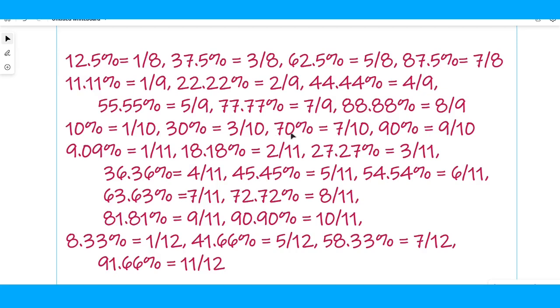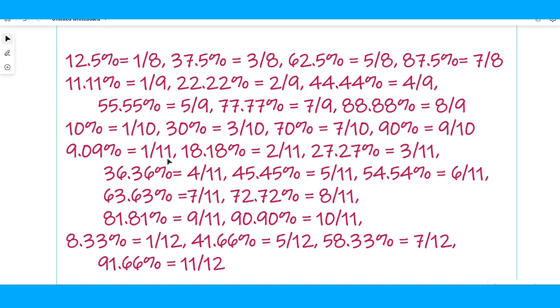Then 60% is 3 upon 5, already calculated. Then 70% is 7 upon 10. Then 80% is 4 upon 5, already calculated. Now 90% is 9 times of 10%, so it is 9 upon 10.